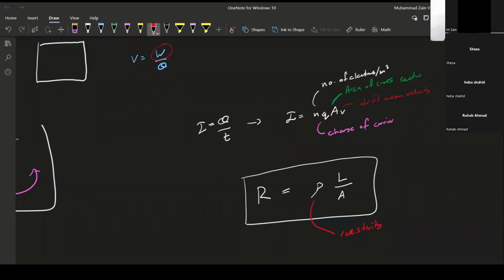For example, if there's copper wire at 50 Celsius, the value of resistivity, this rho, would be the same for different samples of copper wire at 50 Celsius. But if I change the temperature, or if I change the material, for example from copper to aluminum, then the value of resistivity would change. So this formula is also important.